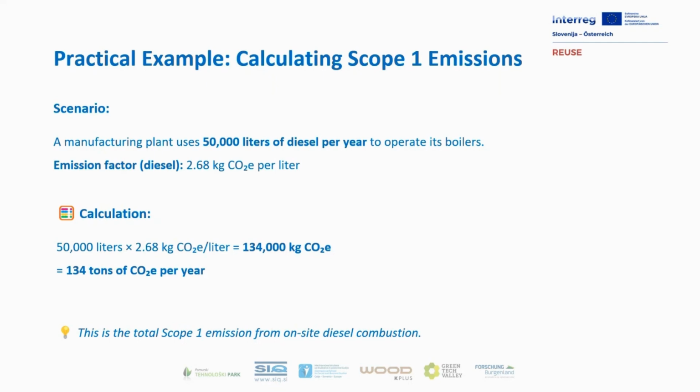So in this case, 50,000 liters times 2.68 kilograms of CO2e per liter equals 134,000 kilograms of CO2 equivalent. That equals 134 tons of CO2 equivalent per year. And this calculation shows how emissions from fuel combustion can be quantified in a clear and consistent way.